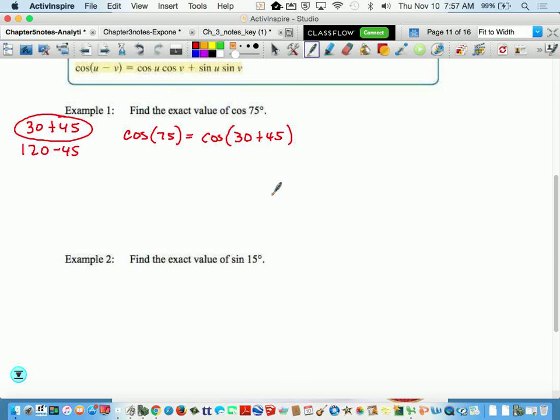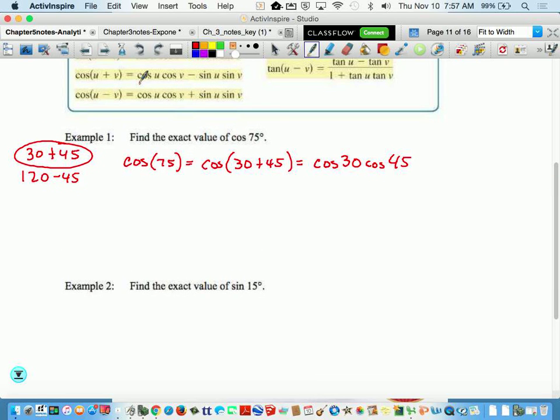And then when you look at the cosine formula, it goes cosine, cosine, sine, sine, and the positive or negative will not match. So you're just going to go cosine of the first angle times cosine of the second. Because you're adding the two angles, it's this one right here.